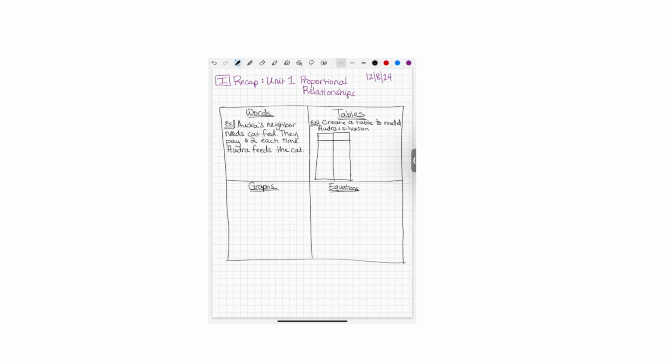In this column, I'm going to put number of meals. In the other column, I'm going to put the money. I'll make a few lines.